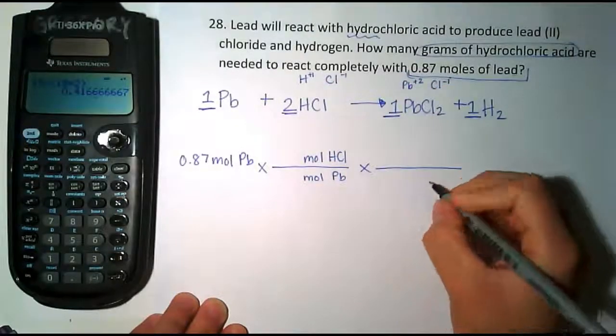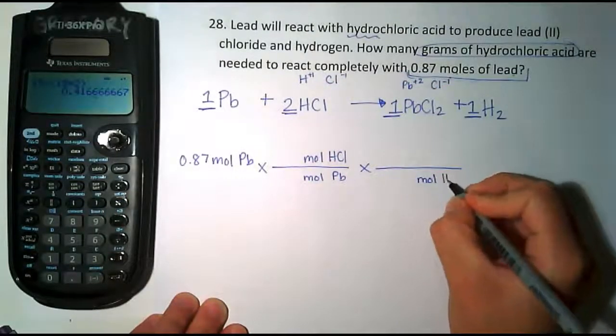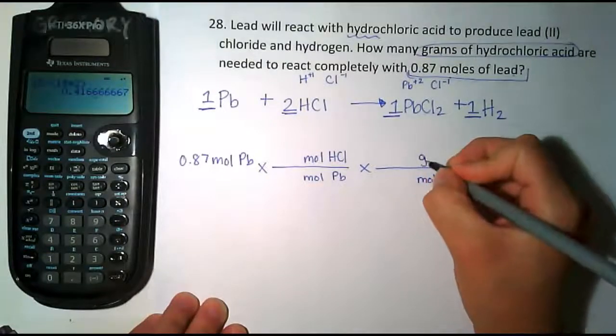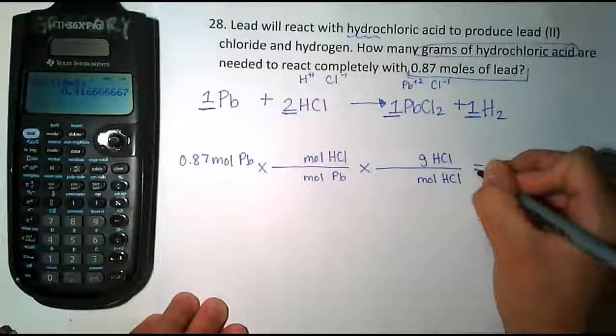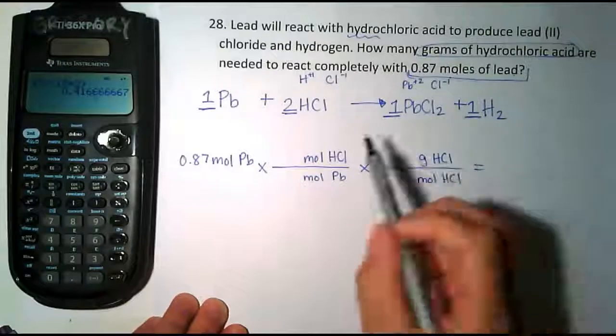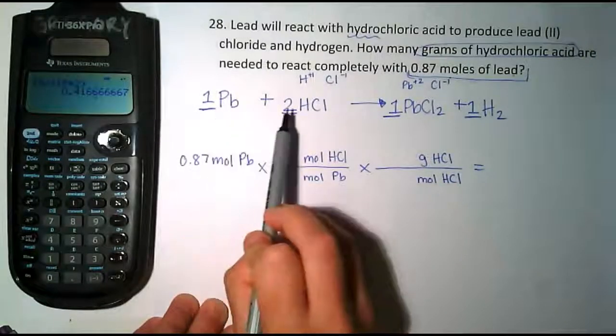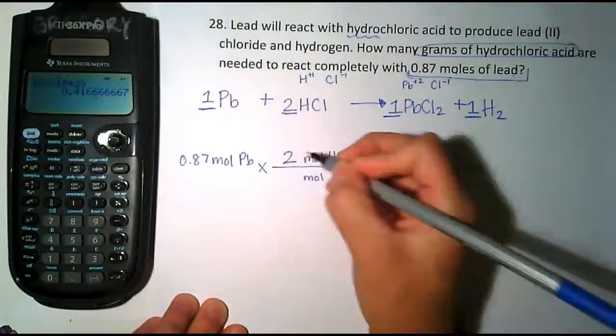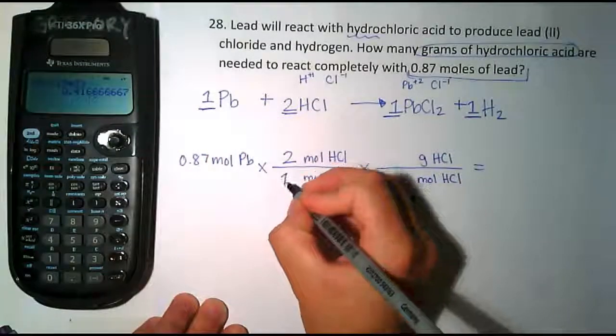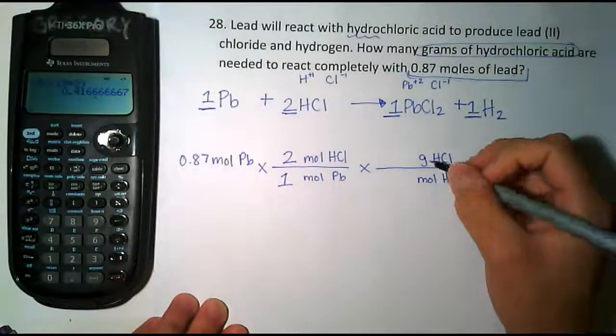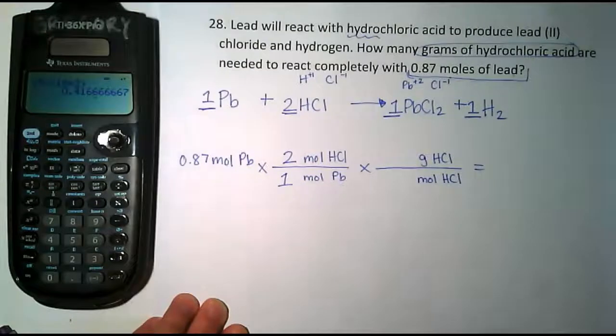And our second step is going to take moles of HCl and convert it to grams of HCl. So our mole to mole conversion comes from our chemical equation, 2 HCl and 1 Pb. And then our mole to gram conversion is going to come from the molar mass.